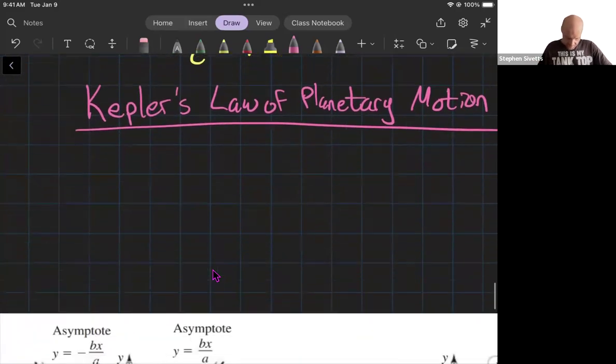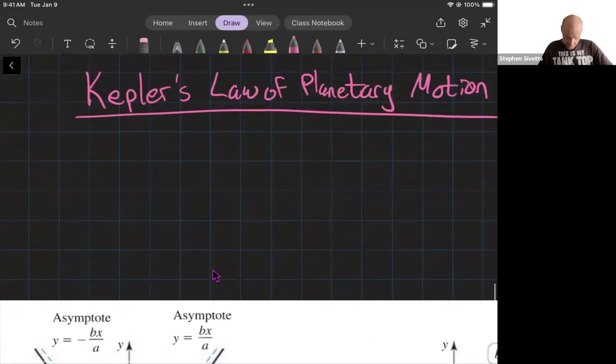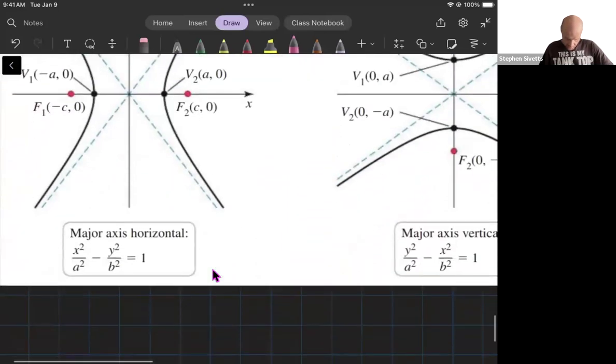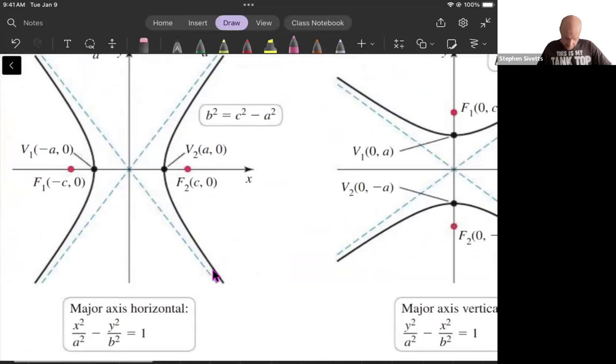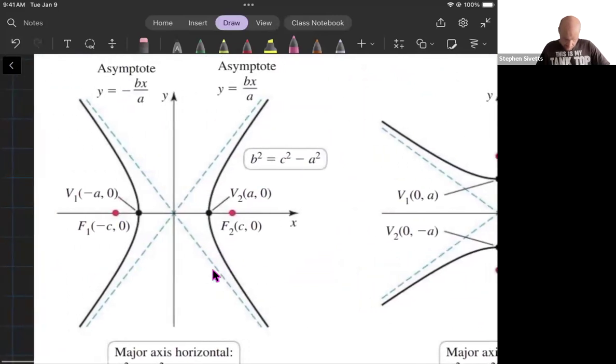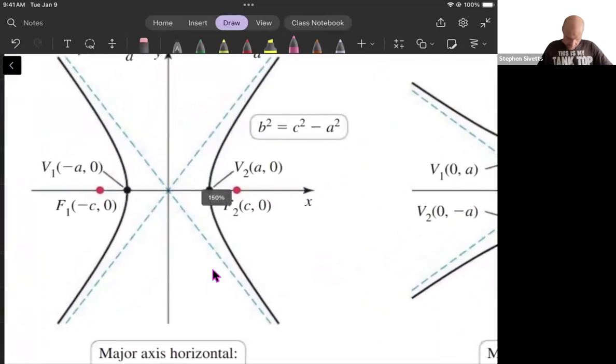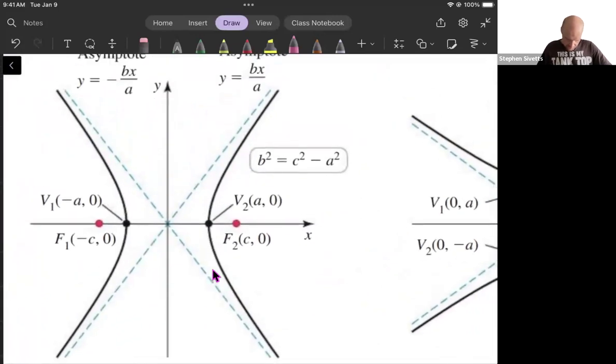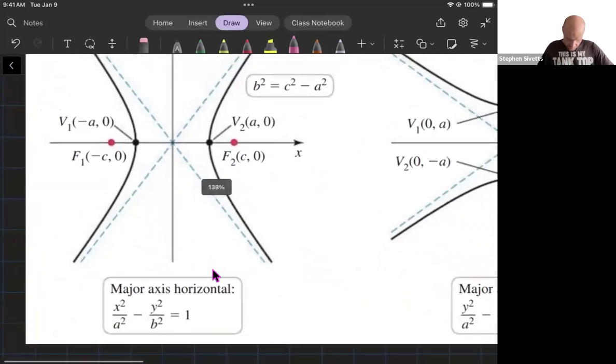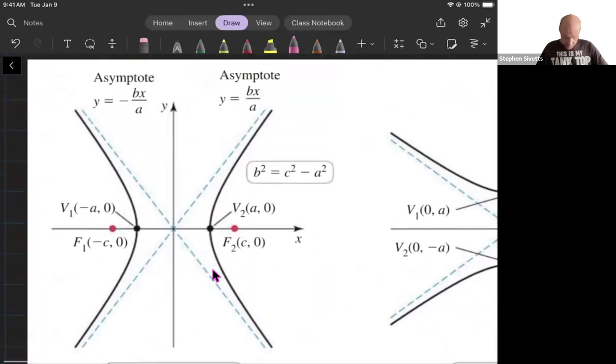Okay, last but not least is the equations of the hyperbola. So this is the illustration and the equations of the hyperbola.